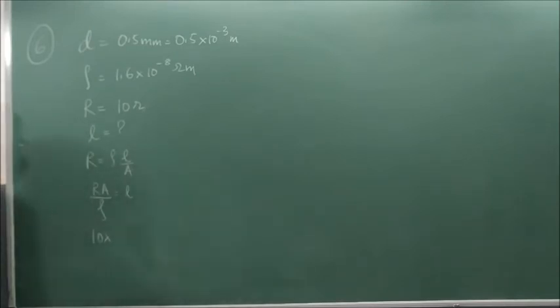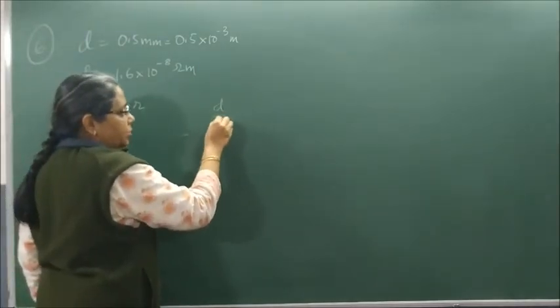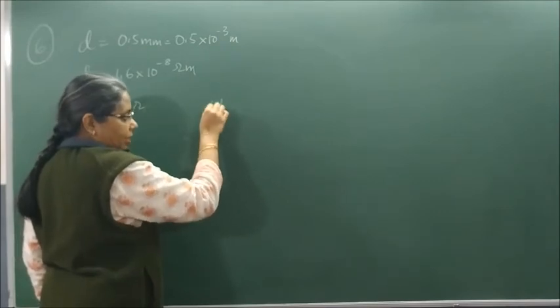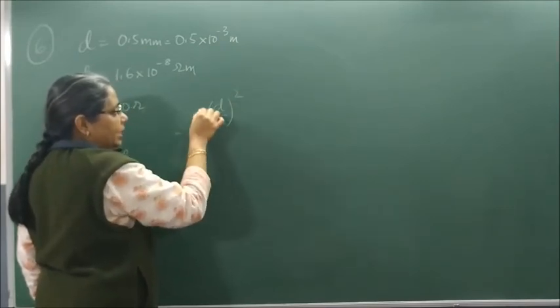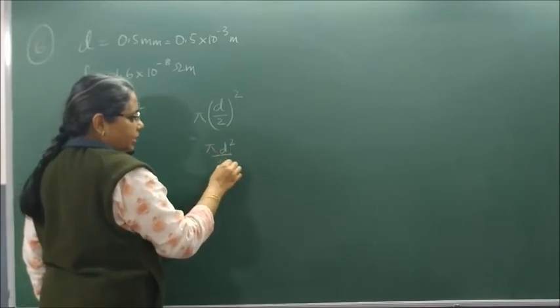Area is what? Pi r square. If I use the diameter, diameter by 2 is r, so it becomes pi d square by 4.